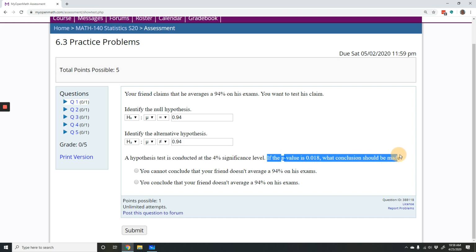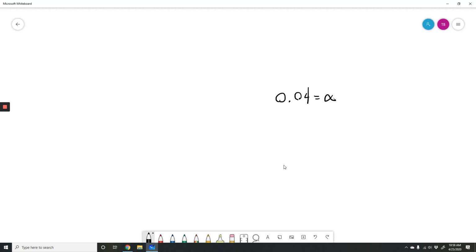We are also told that after this hypothesis test is conducted, the p-value is 0.018. So 0.018 is the p-value.